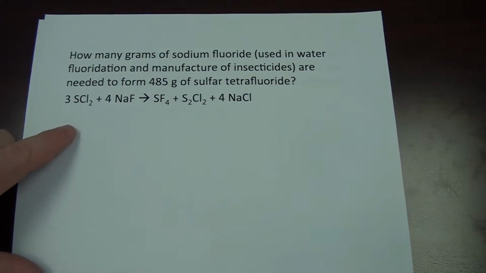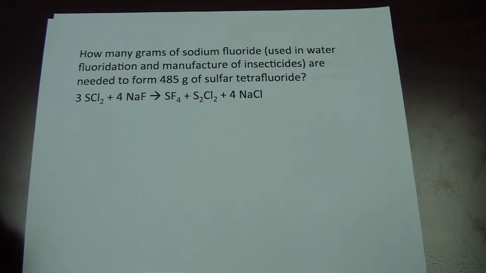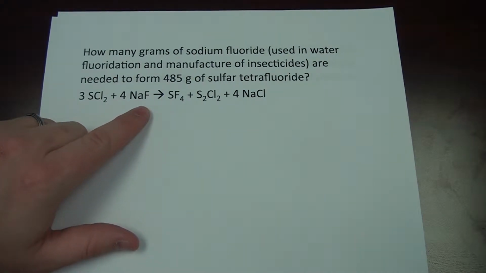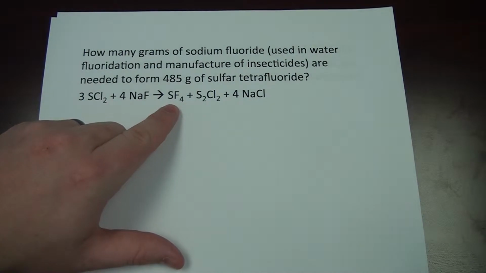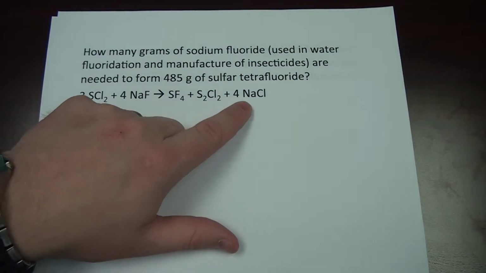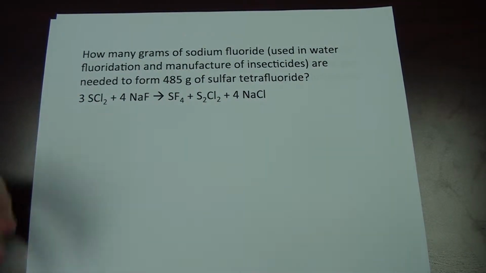All right. If we have this reaction, 3SCl2 plus 4 NaF gives us SF4 plus S2Cl2 plus NaCl. So the first thing we should do is make sure that this is balanced.